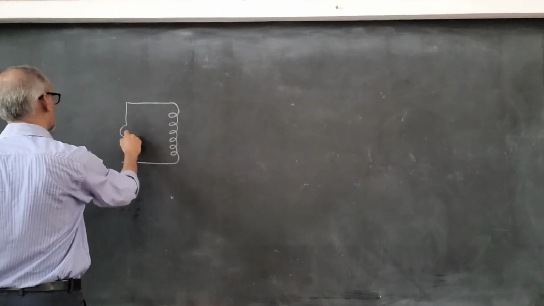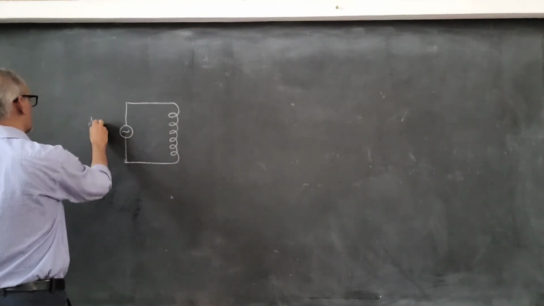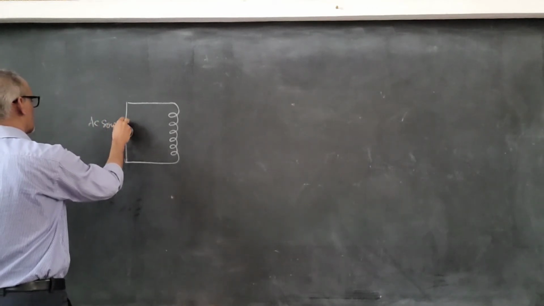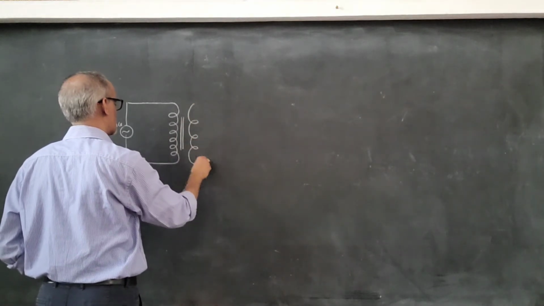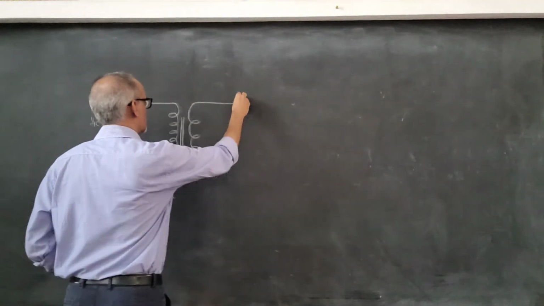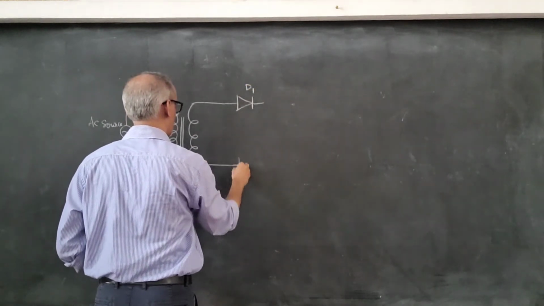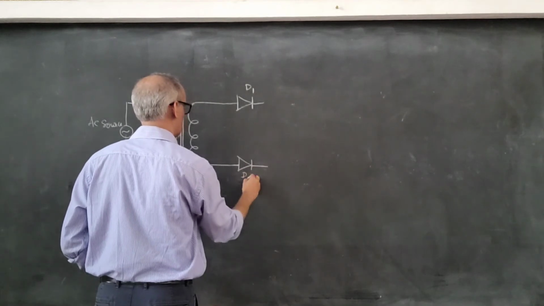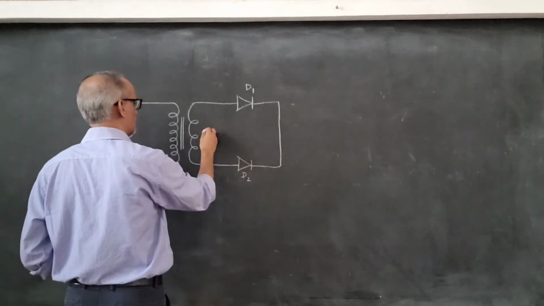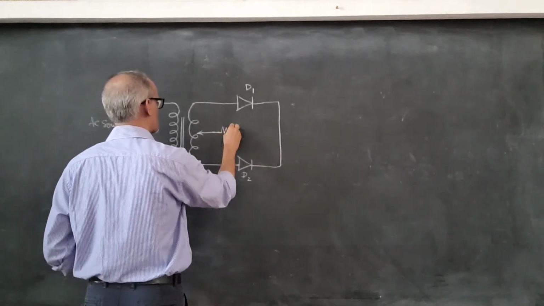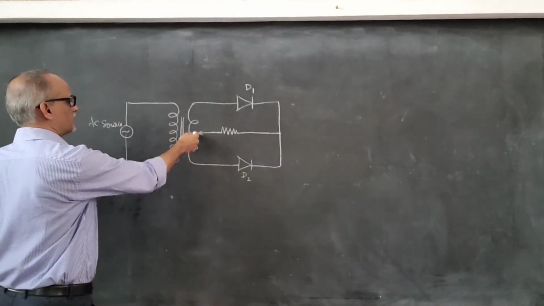So this is the AC source, and in the secondary, as I mentioned, you have to draw a lesser number of turns, and now the number of diodes is more here. So this is the first diode D1, and there is another diode D2, and then this circuit here, you close it and extend it like this till the midpoint of the secondary.